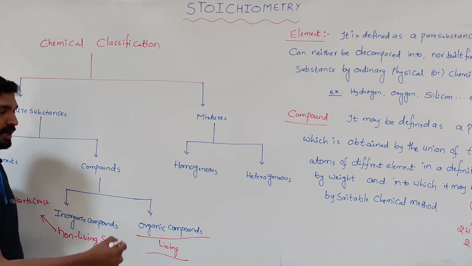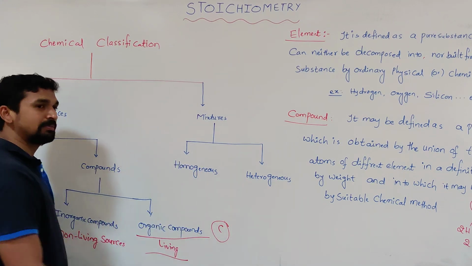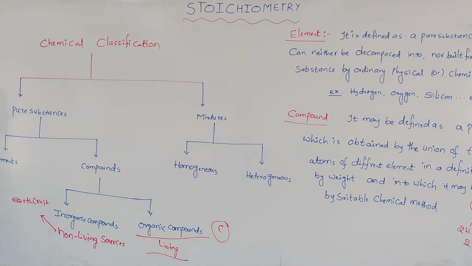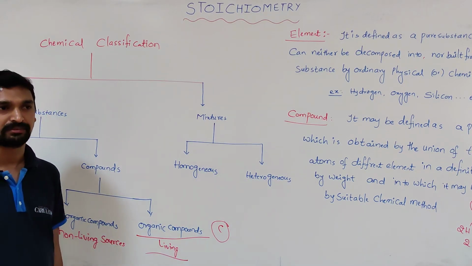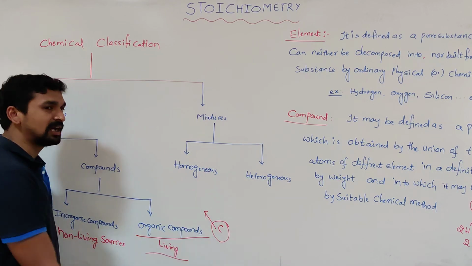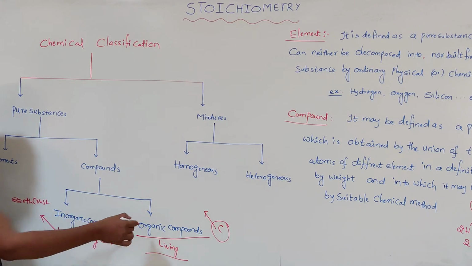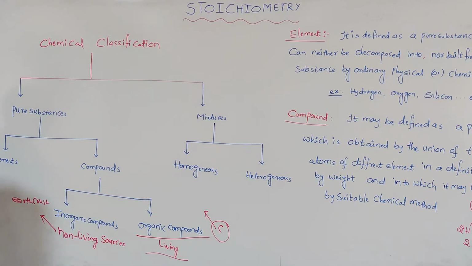In organic compounds, one of the important constituent elements is always which one? Carbon. Organic compounds are made up of atoms of different elements, but one element is always present, which one? Carbon. So compounds are classified into two types: inorganic and organic.